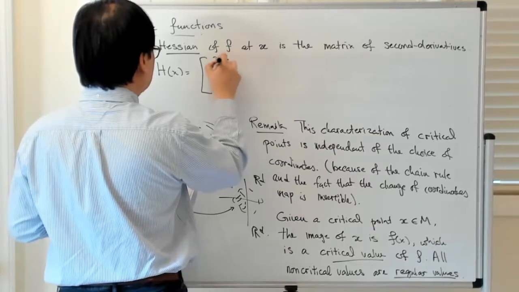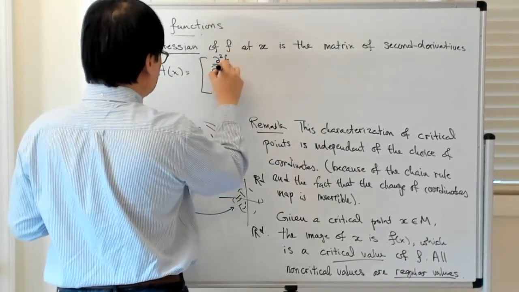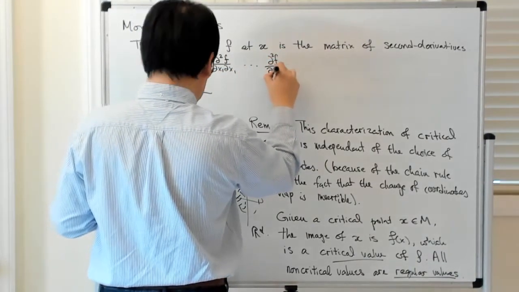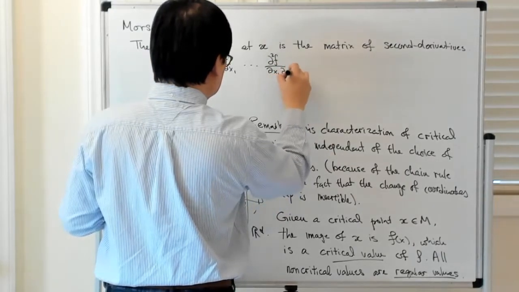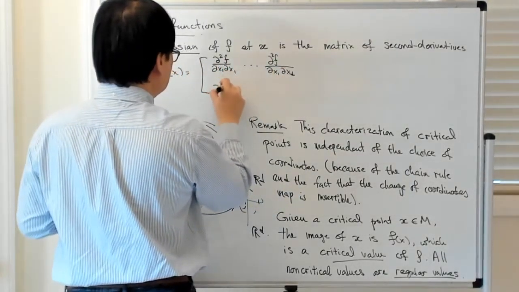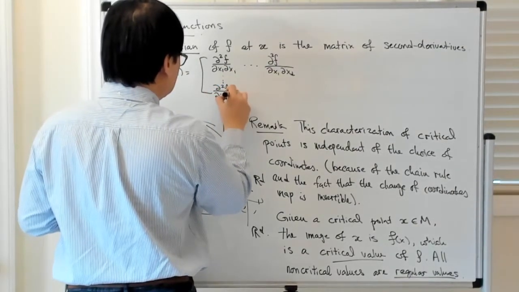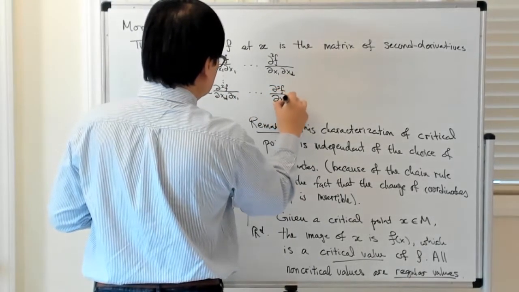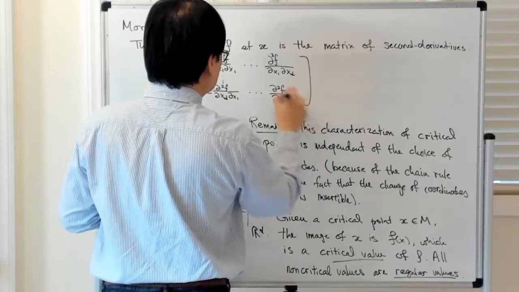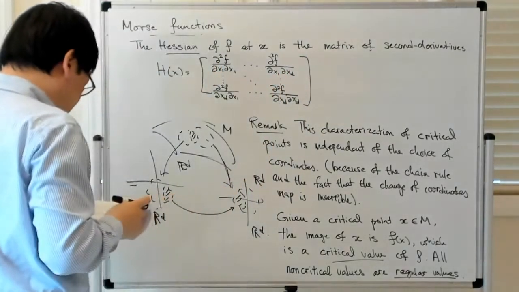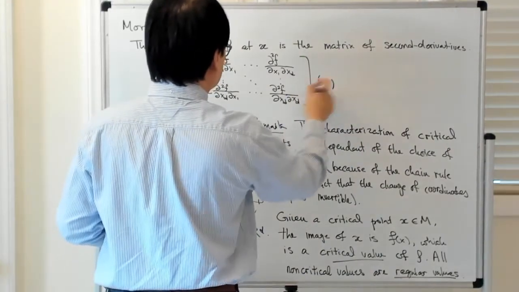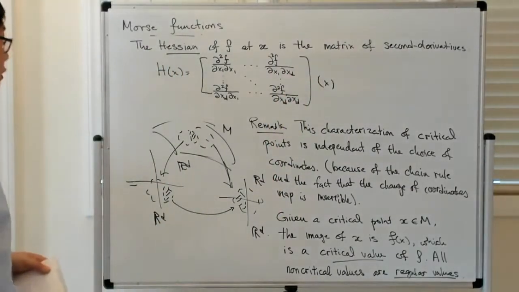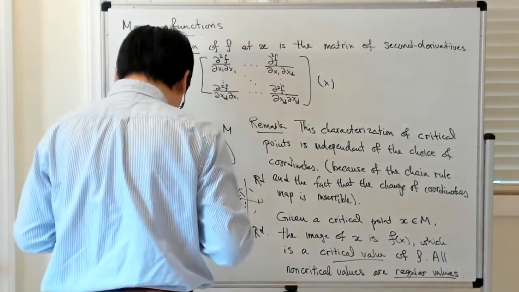So you have the second derivative of f with respect to x1, x1, then d squared f dx1 dxd, then d squared f dxd dx1, then d squared f dxd dxd, and all of them are evaluated at x. I'm just going to denote that by doing the evaluation at the end, as opposed to on each individual entry.